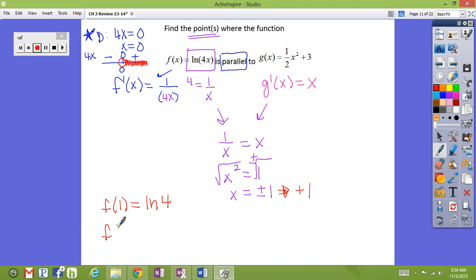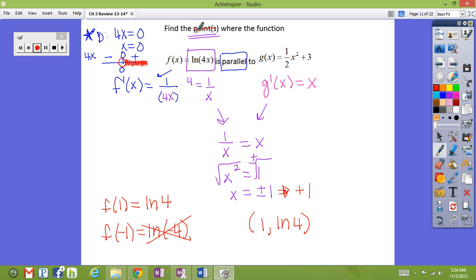If I tried to find f of negative 1, I would be looking for the ln of negative 4, which doesn't exist. Therefore, the only point is 1 comma ln of 4. So that's the point on the f of x function.